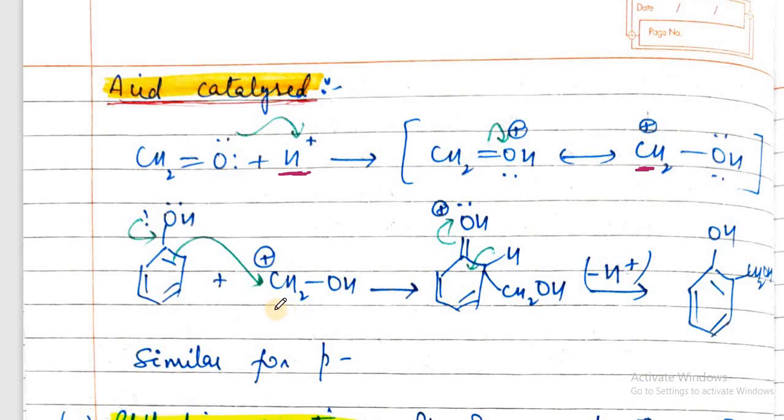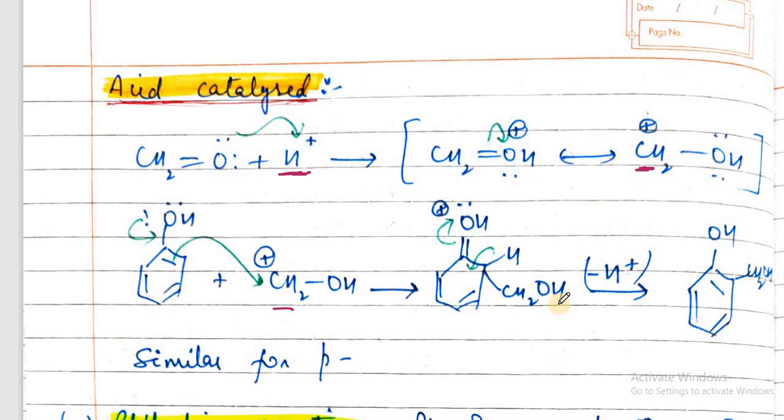Now this attacks the phenol at the ortho position, so these electrons form a bond with carbon. Now these electrons move to this, so we have double bond OH. Now this oxygen will be electron deficient, so it has positive charge and hydrogen is already present on this carbon and this gets attached as CH2OH. These electrons form a bond with this, so this carbon will become neutral.